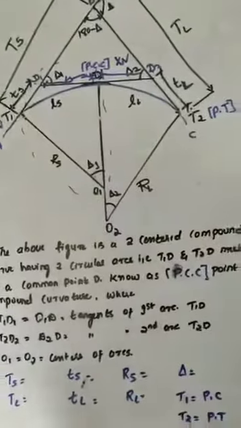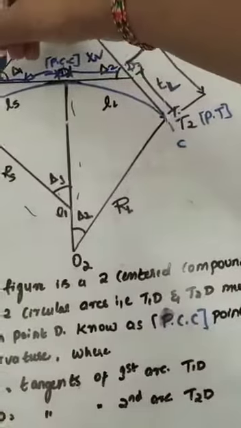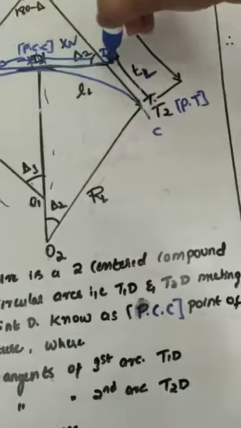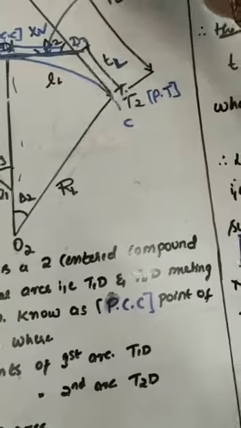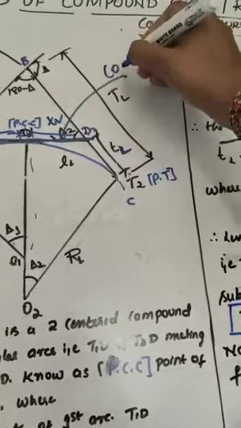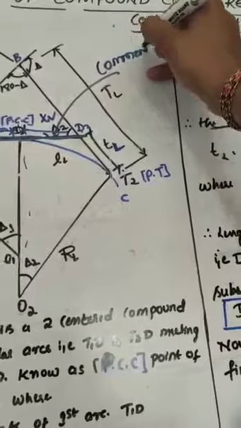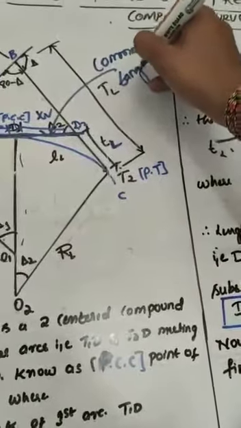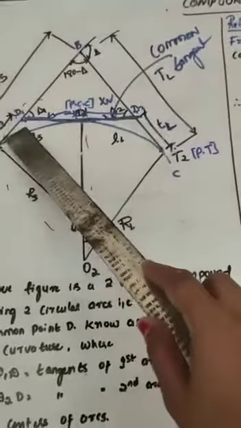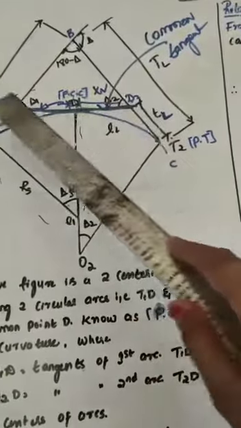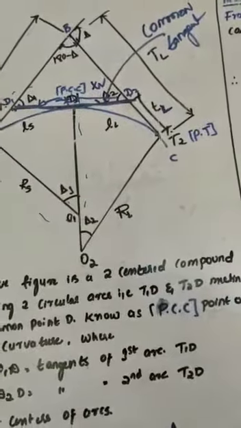The length of the common tangent is the portion D1 to D2. This portion is known as the common tangent.